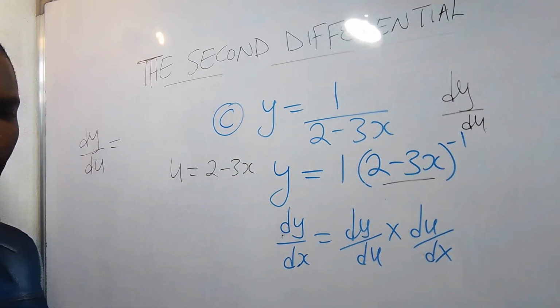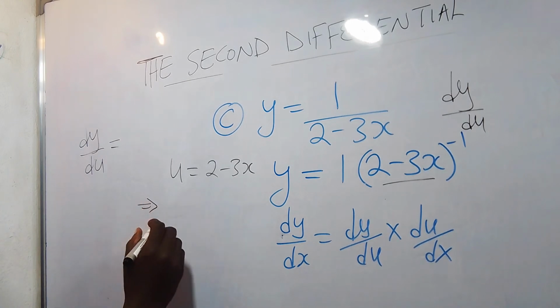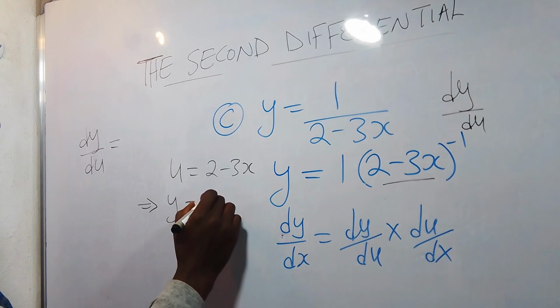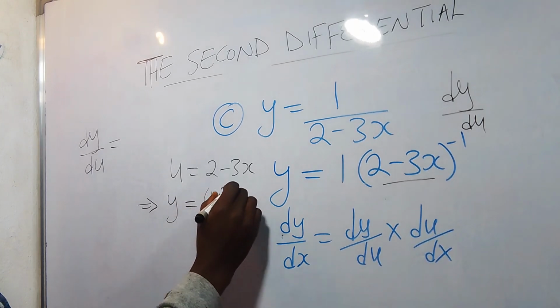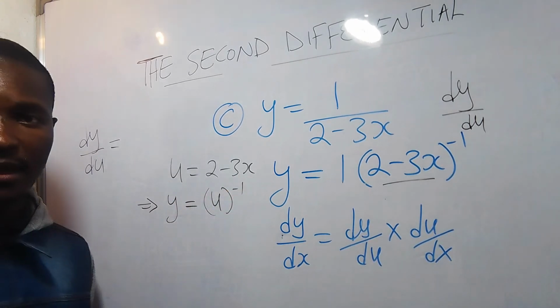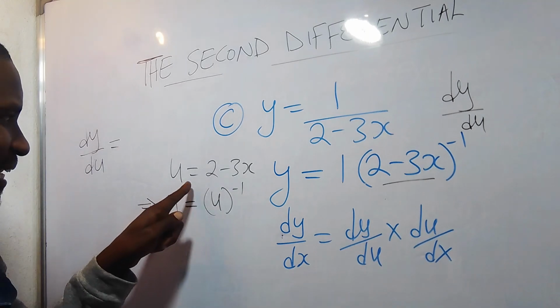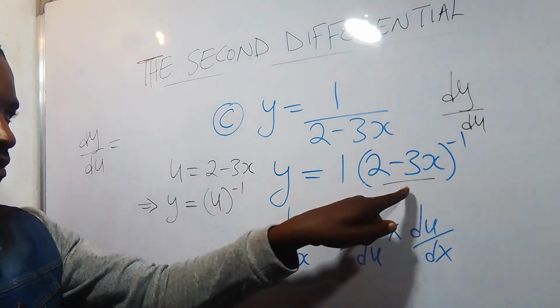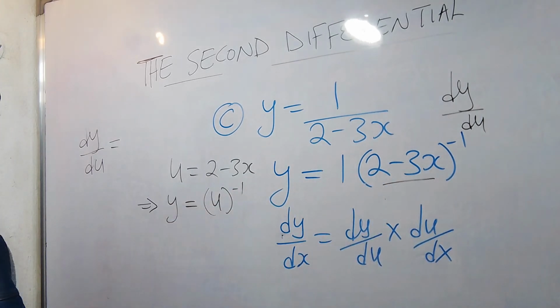Then y equals u to the power negative 1. So we get this u and put it back there, remove that one, put u there, then to the power negative 1.